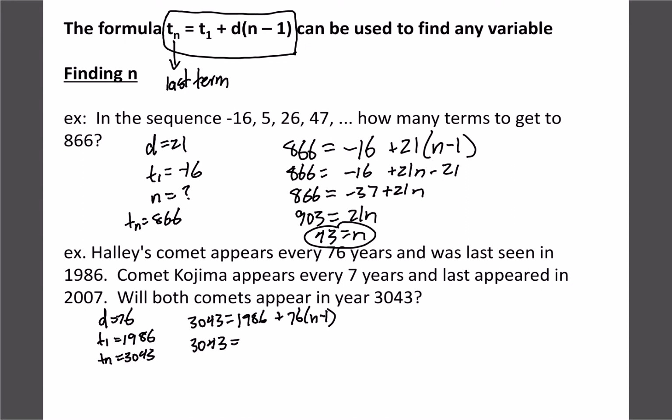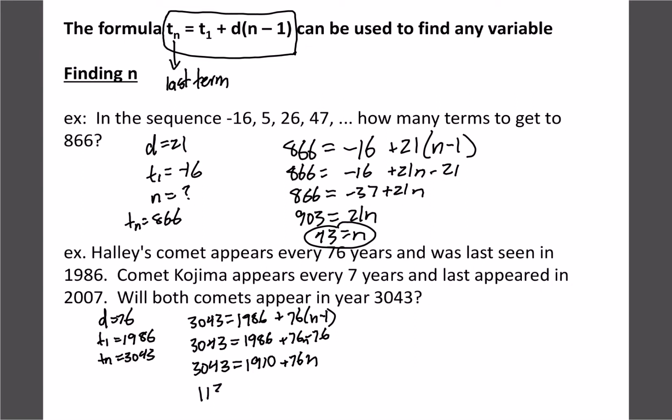So we have 3043 is 1986 plus 76n minus 76. Let's put our like terms together. So 1986 minus 76 is 1910 plus 76n. So let's subtract the 1910.